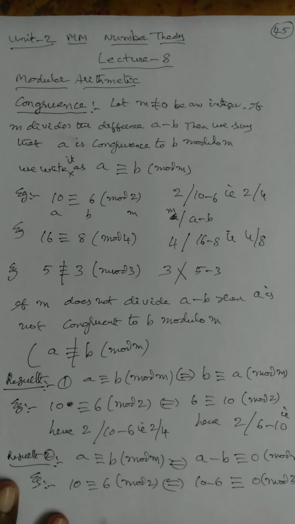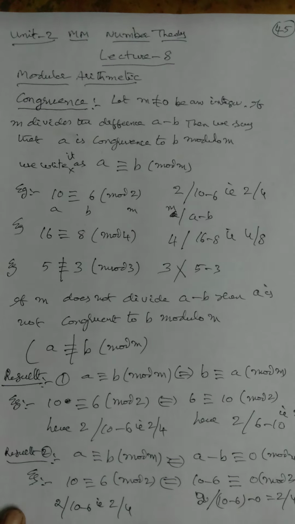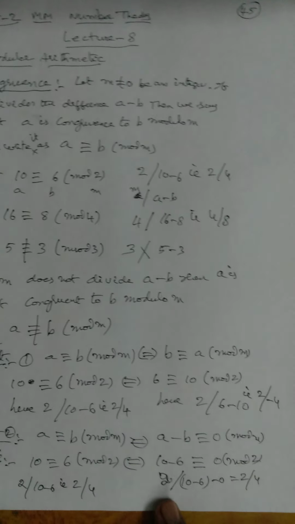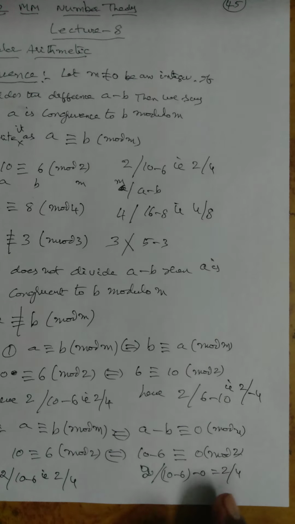Look here: 2 divides 10 minus 6, that is 2 divides 4. Here 2 divides 10 minus 6 minus 0.